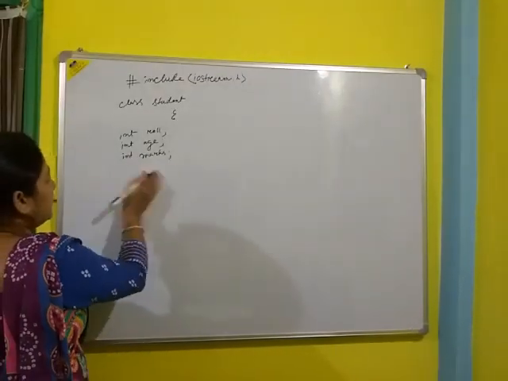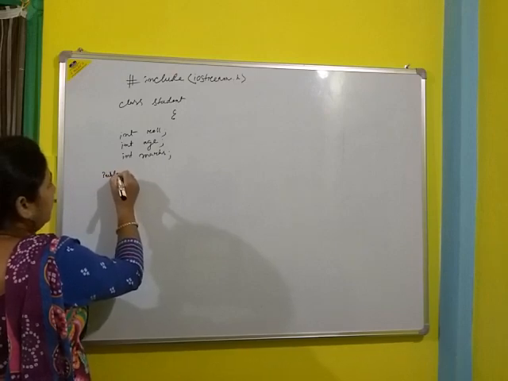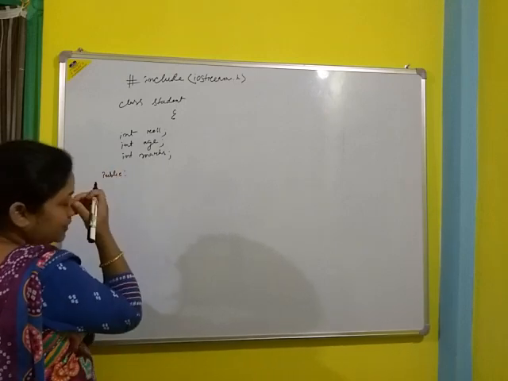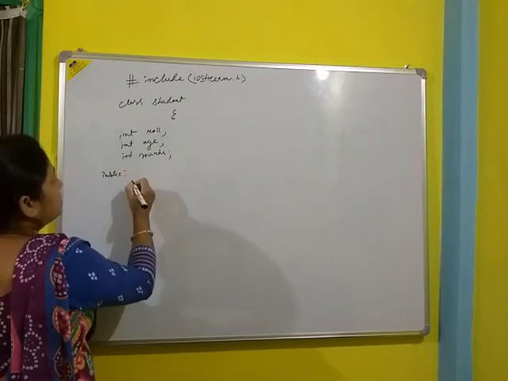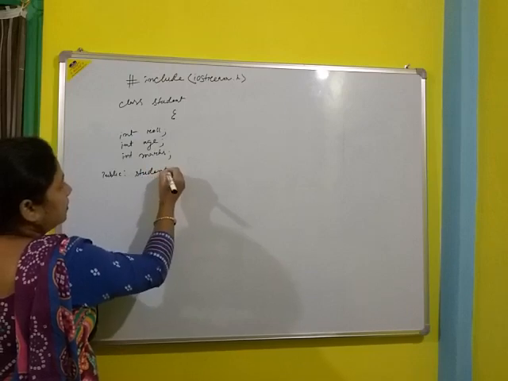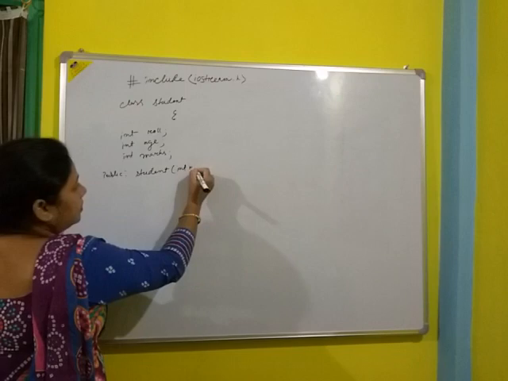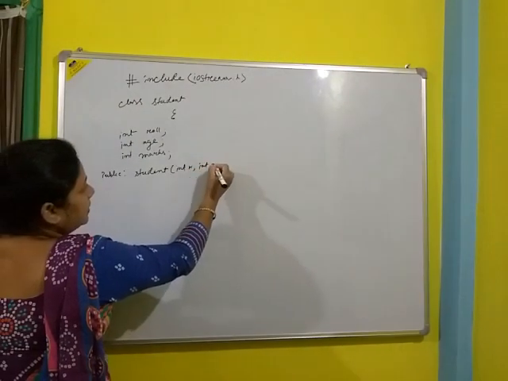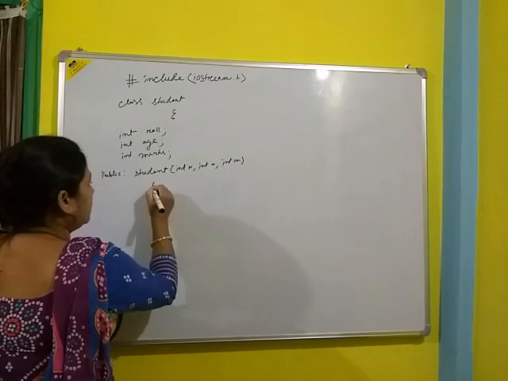Now I am going to declare the constructor inside the public label. So first I am going to declare one parameterized constructor. Student(integer r, integer a, integer m) begin.